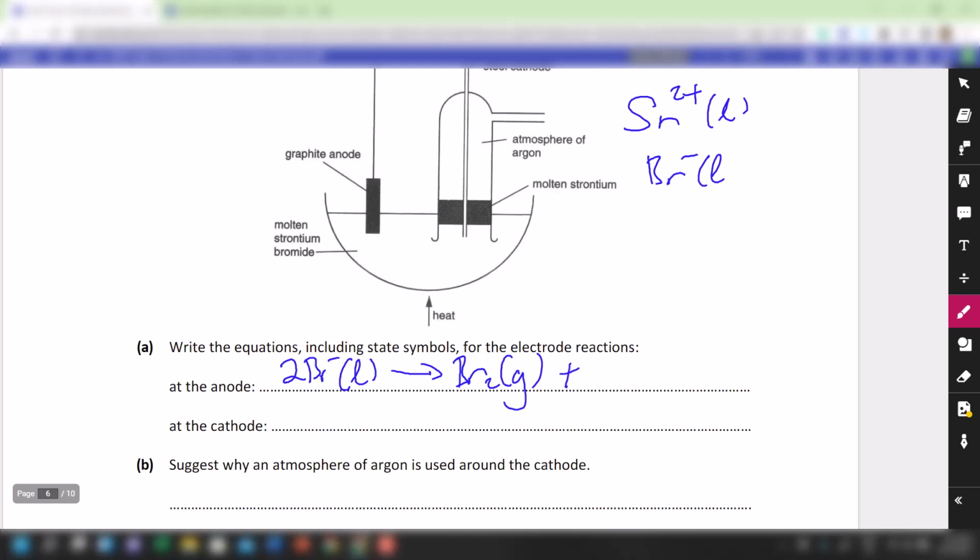And then at the cathodes, I expect strontium to be reduced by coming in contact with the cathodes. It will be reduced to strontium metal, but at such a high temperature, strontium metal is likely to be a liquid as well. So I'm going to put in the state symbols as liquids.